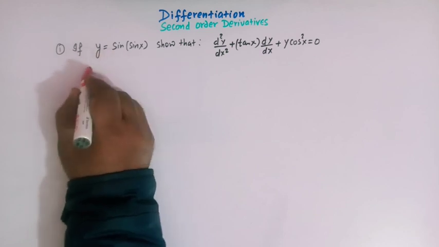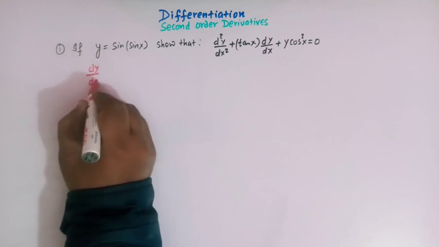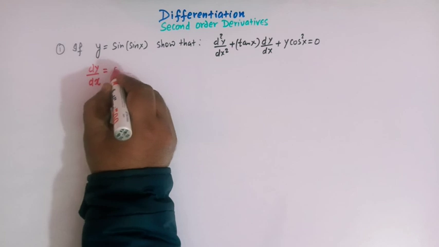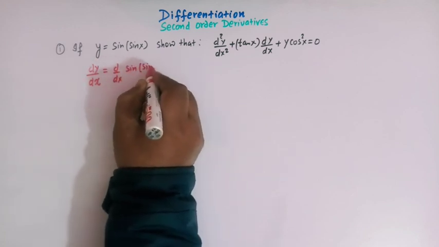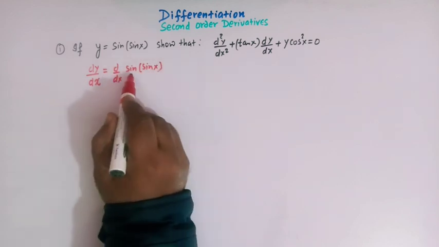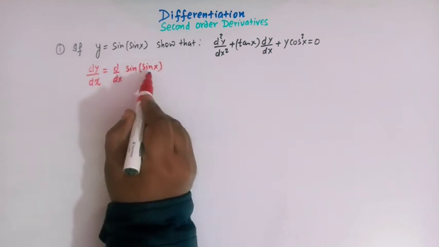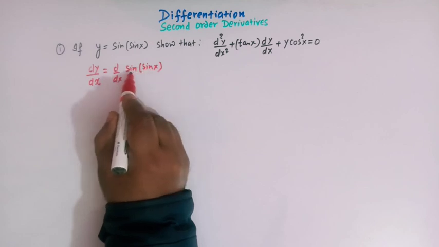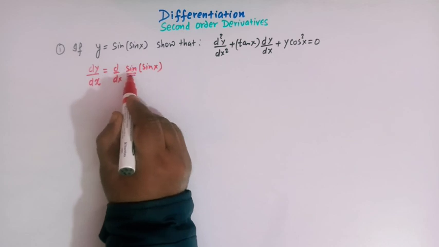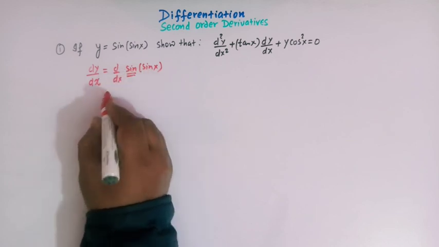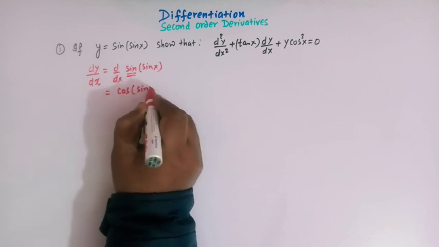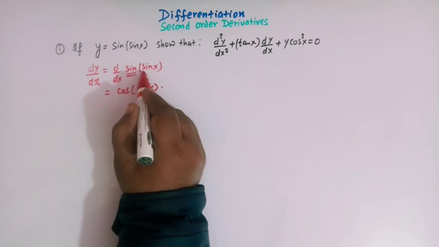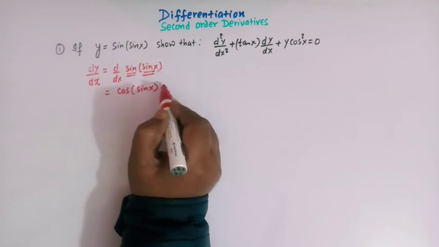So let us find the first derivative, that is dy over dx. This is d by dx of sine of sine x. Here we have a function of a function, so we have sine x inside sine. First we'll find the derivative of sine with respect to sine x, which is cos of sine x, and then by chain rule we'll differentiate sine x with respect to x.